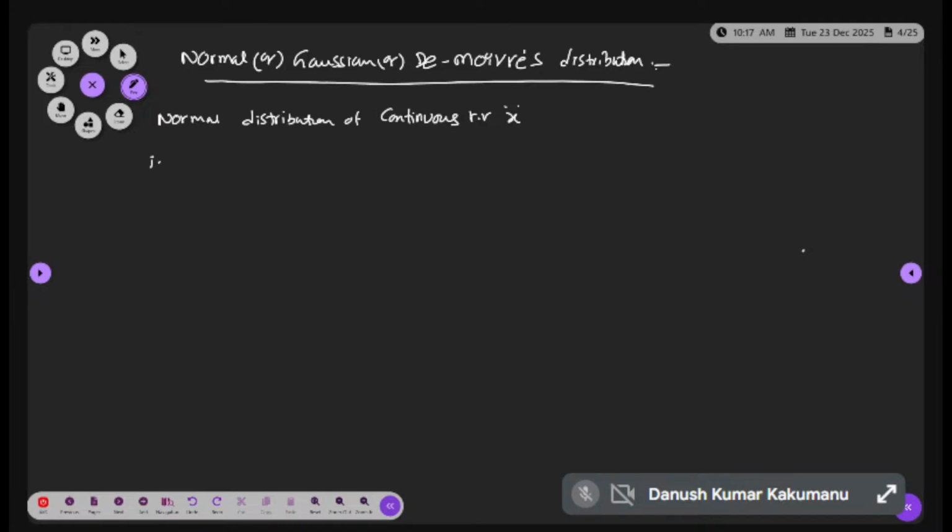The normal distribution of a continuous random variable x is given by f of x equals 1 by sigma root 2 pi, e power minus 1 by 2 into (x minus m by sigma) whole square. Remember perfectly.